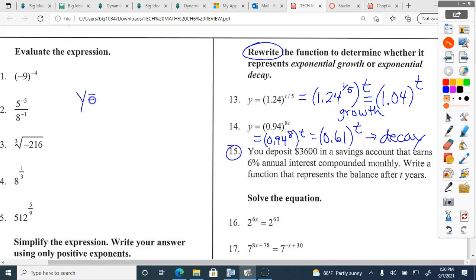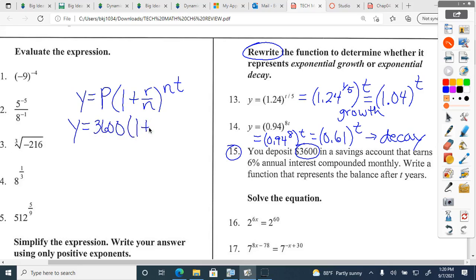So y equals P times 1 plus r over n to the nt power. So you have two things to memorize: this and the geometric sequence formula. Okay? So memorize those. And all we're going to do is say, all right, what's my P? P is how much we invest, right? 3,600.